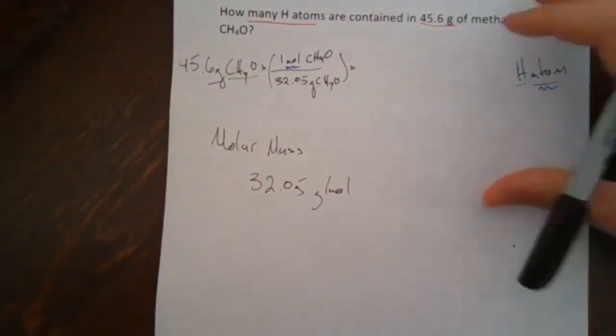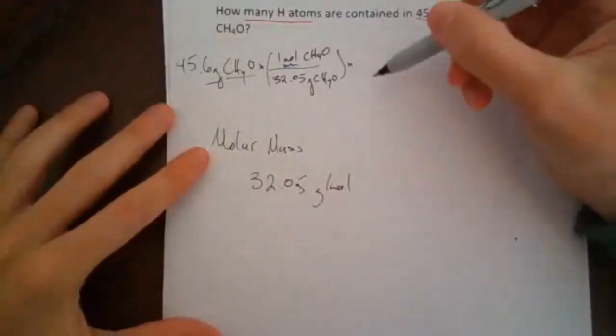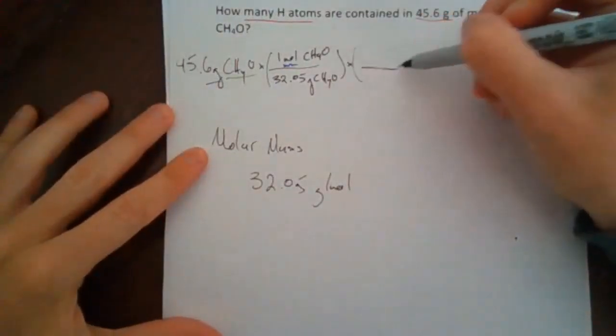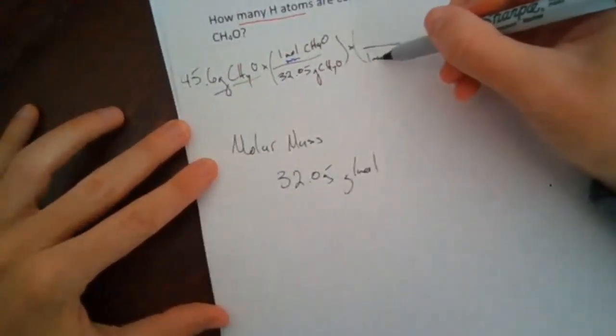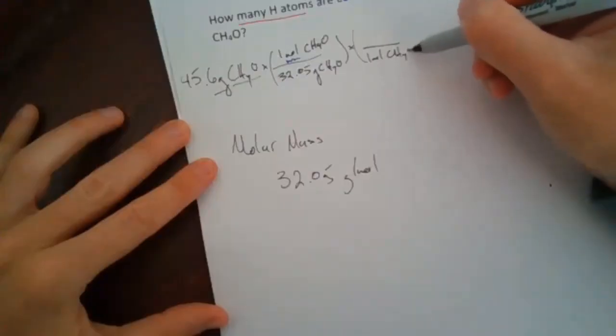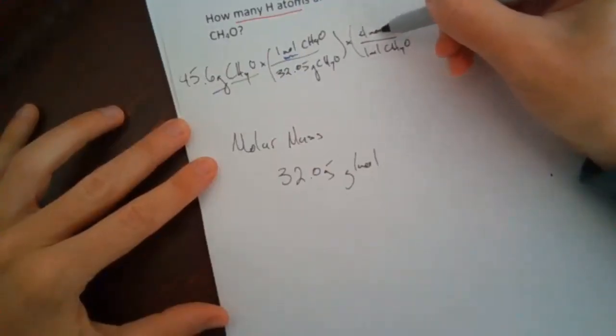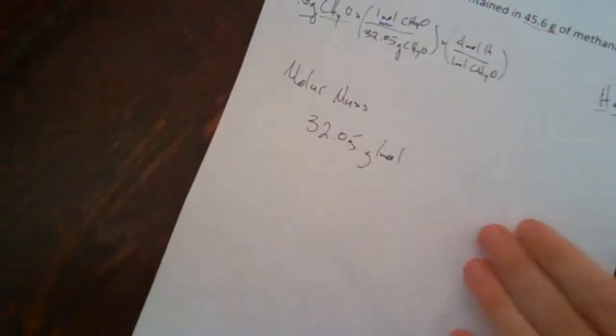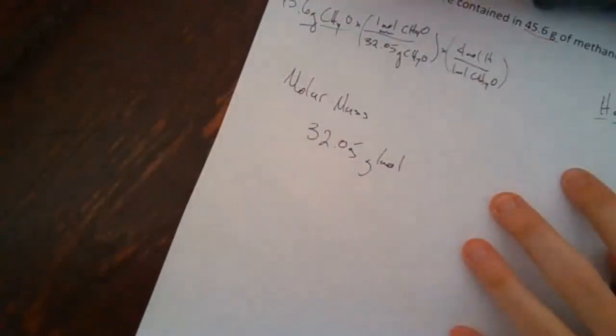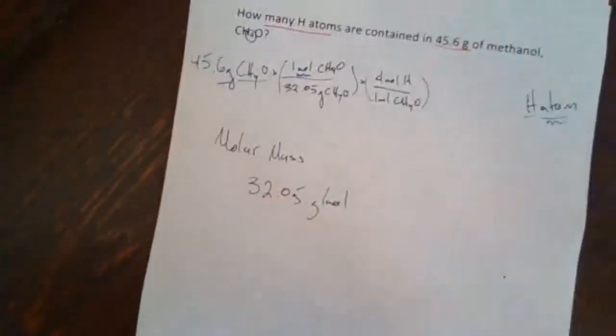I can use my molecular formula, and I can use the fact that in 1 mole of CH4O, I have 4 moles of H. That 4 comes from the subscript in the molecular formula.